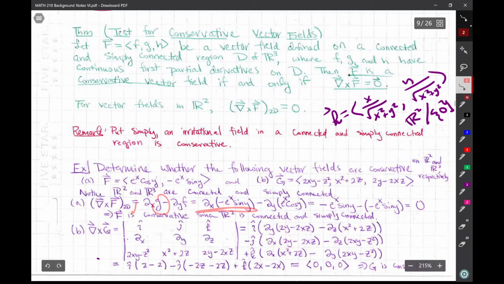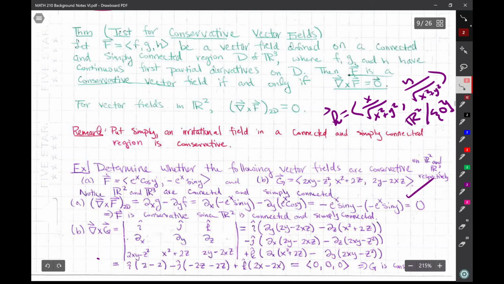We're plugging in the y component and taking the derivative with respect to x, subtracting out the x component after we take the derivative with respect to y, and we get 0. It's 0 on R2. R2 is simply connected and connected. Therefore, this vector field F is conservative.